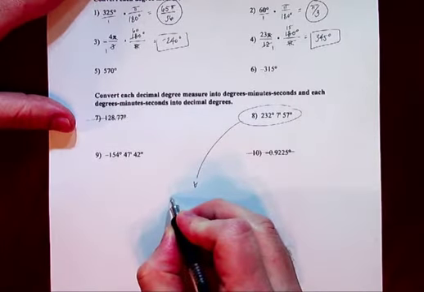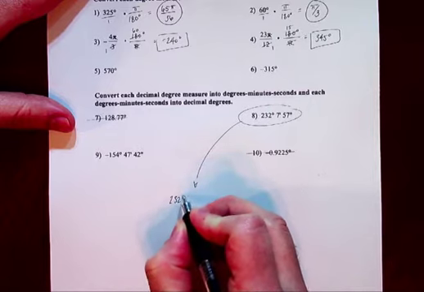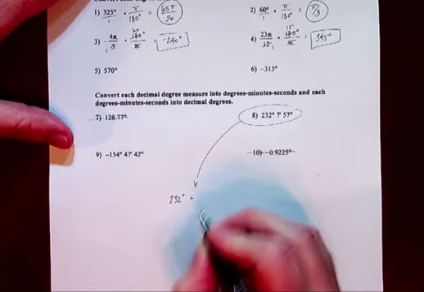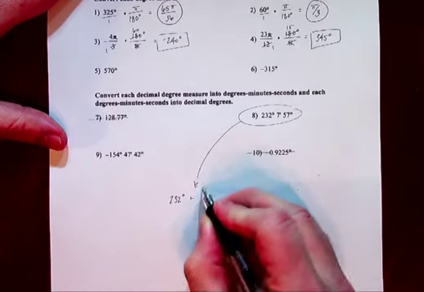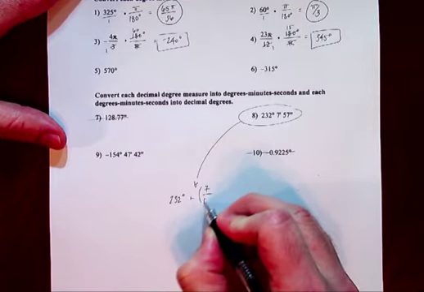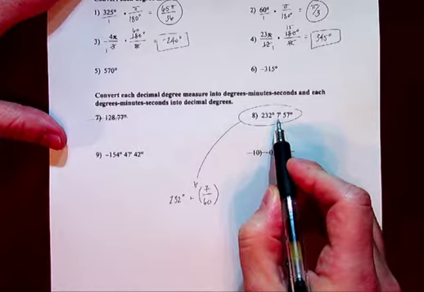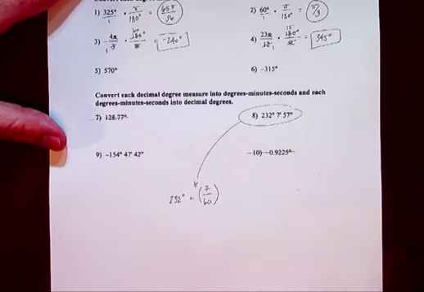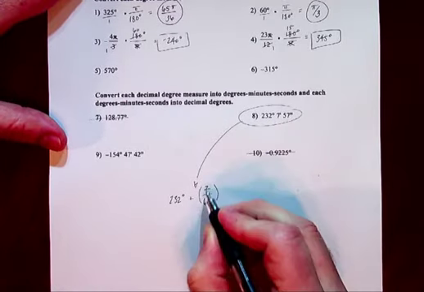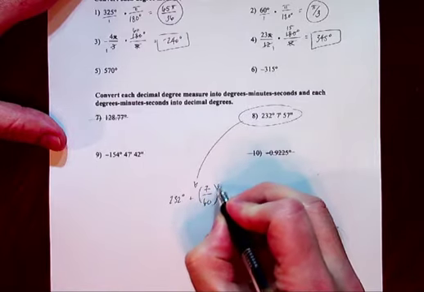I've already told you that they are minute parts, and like time measurement, those minute parts are out of 60. So 7 minute parts of a degree is another way of saying 7/60ths of a degree.